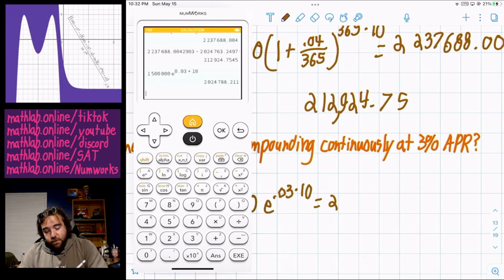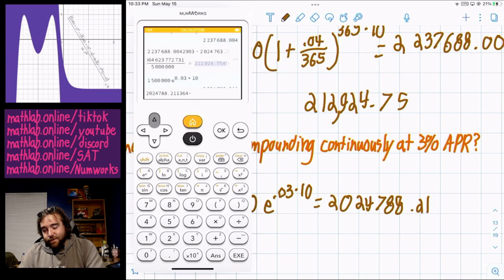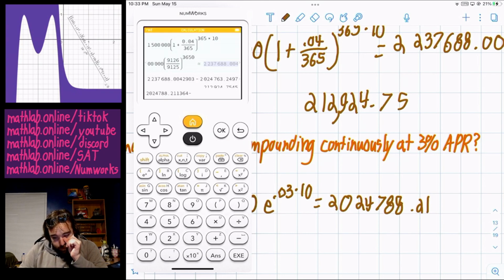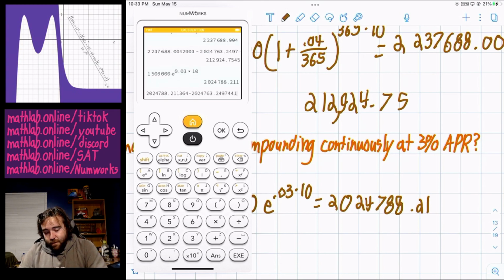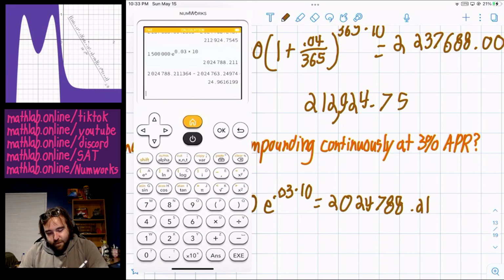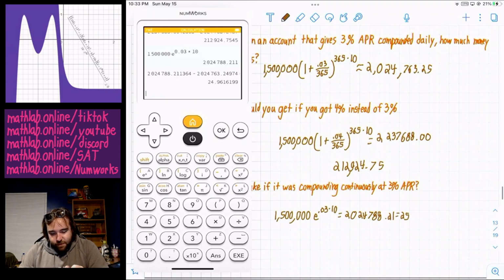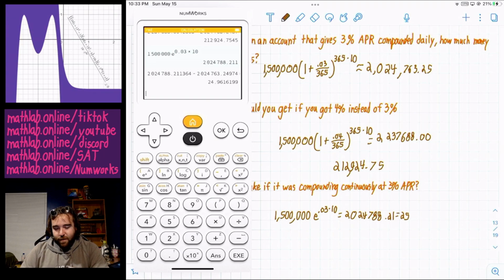There we're making 2,024,788.21. So what's that difference? So minuscule. Looking for that number right there. $25. So very, very little difference in all of that.